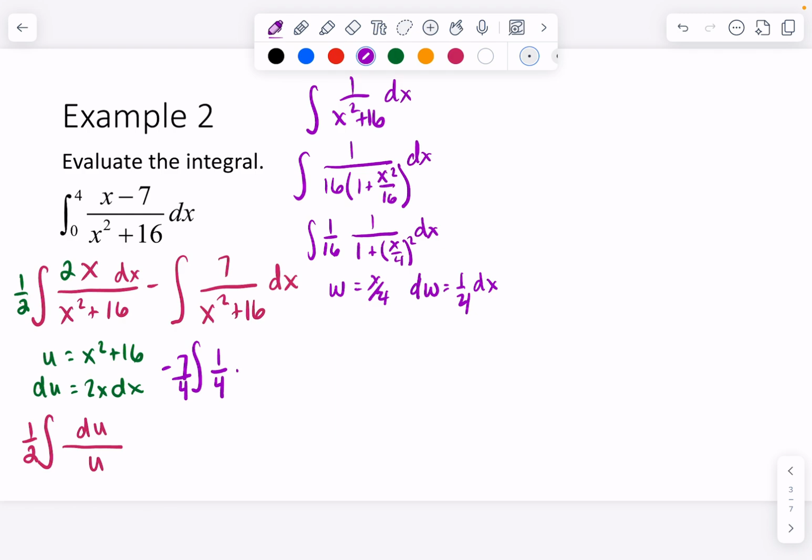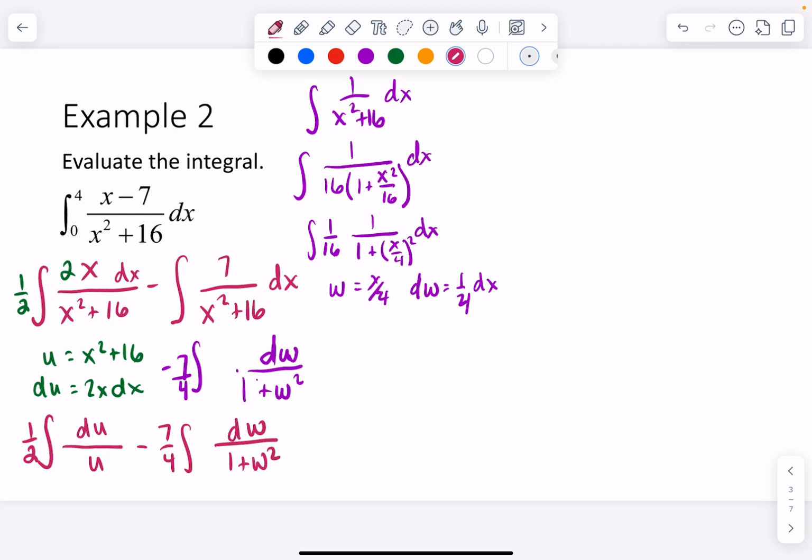So then I don't need the 1/4 because the 1/4 gets put into my dx. So I have a dw over 1 plus w squared. So this second one simplifies to be a -7/4 integral of dw over 1 plus w squared.